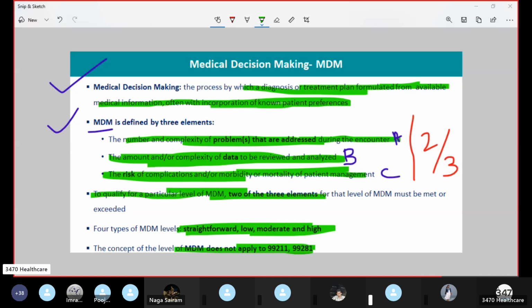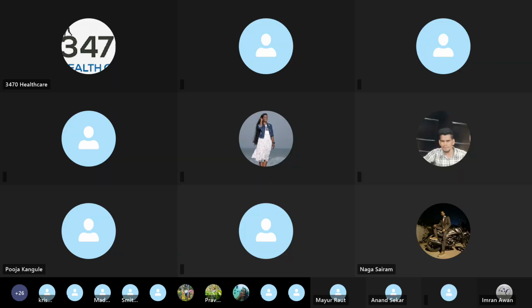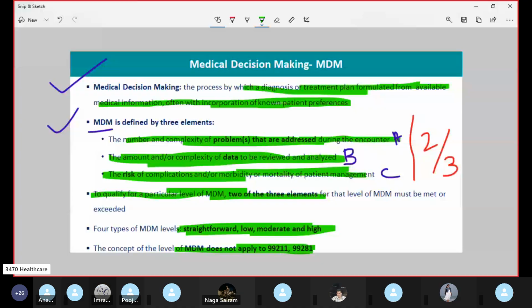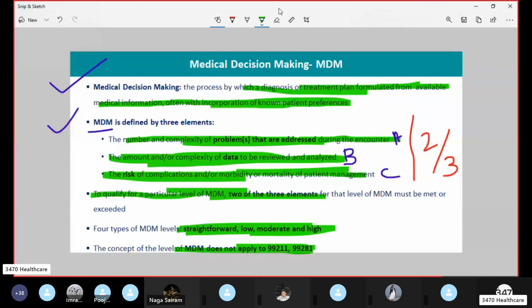Straightforward, low, moderate, and high. So this is the hierarchy. The least one is straightforward, the highest one is high.